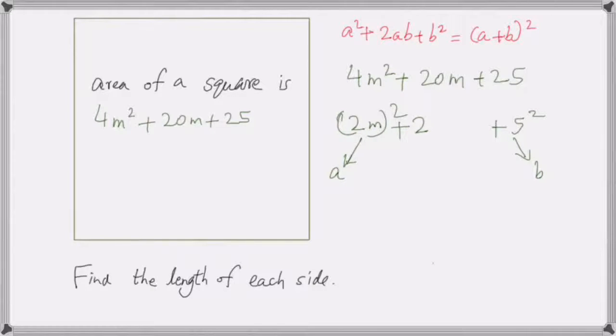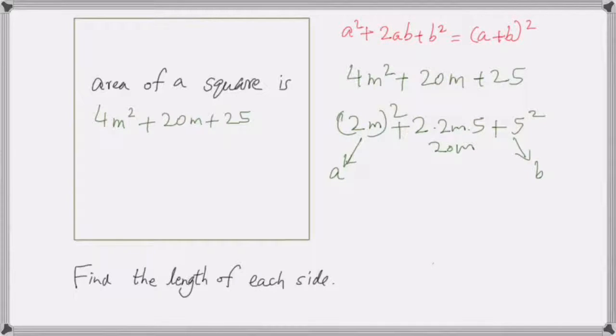So let's see if we can write this term similar to this. 2a is 2m and b is 5. So 2 times 2m times 5 is 4 times 5, which is 20, that's 20m, correct? 20m is the same as 20m here.